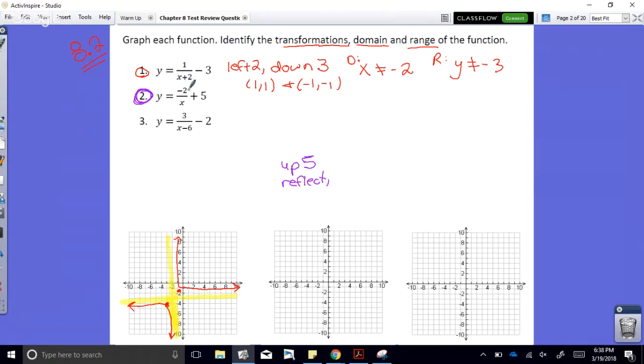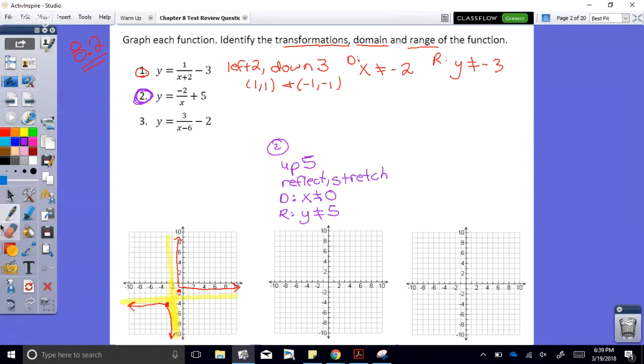And since we're multiplying by 2, which is a number bigger than 1, it is also going to stretch my function. Right, so this is for number 2. With that, we can do domain. If it doesn't move left or right, then the x value cannot be 0. Okay, for the range, since it moved up, y cannot equal 5.